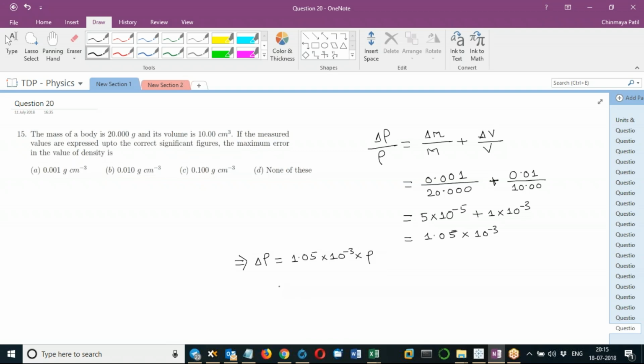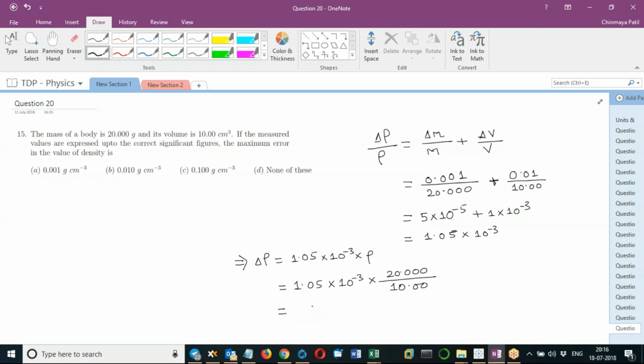So this is equal to 1.05 into 10 to the power minus 3 into 20.000 divided by 10.00. Correct?